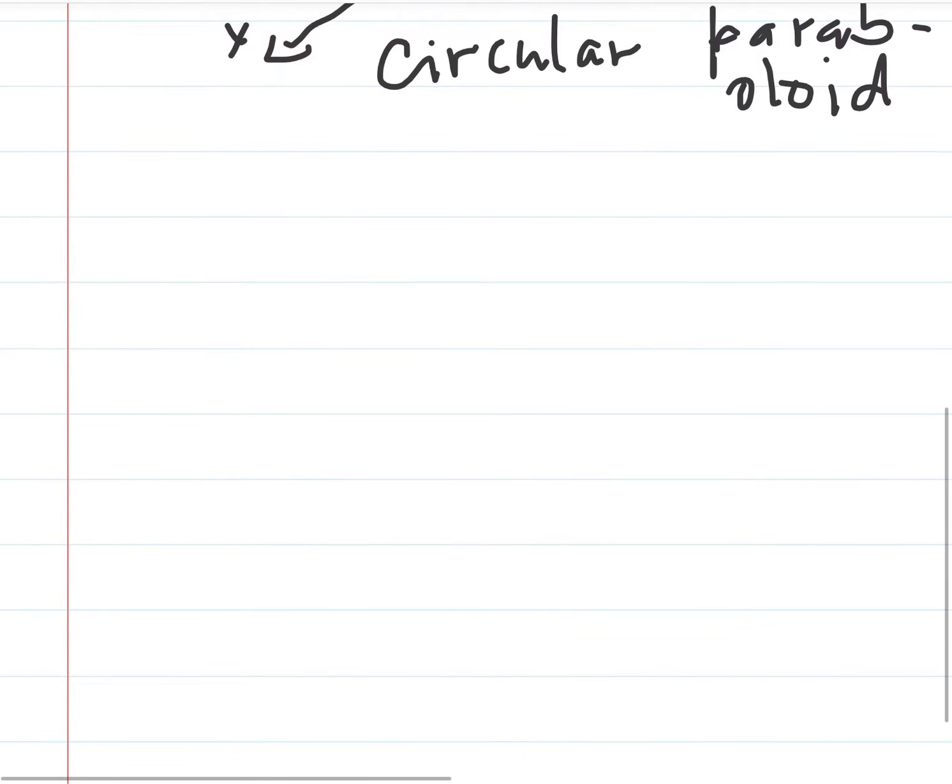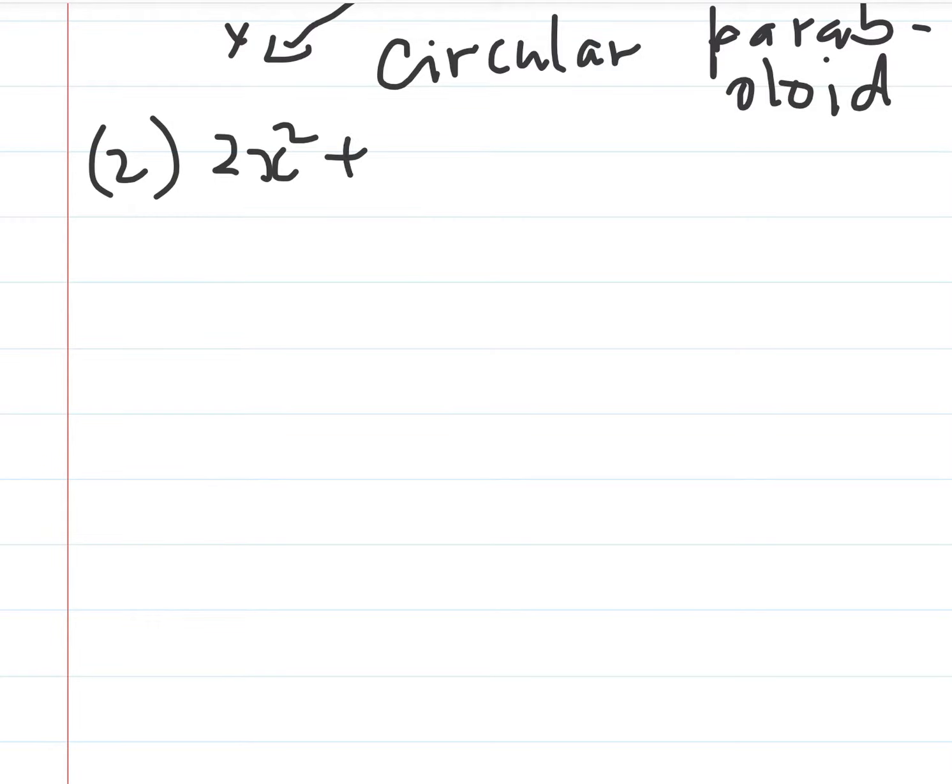Now in example 2, we'll move on. We'll consider a rather simple equation. This is the equation 2x squared plus y squared plus z squared equals 2, say. The 2 is just a constant that is positive.